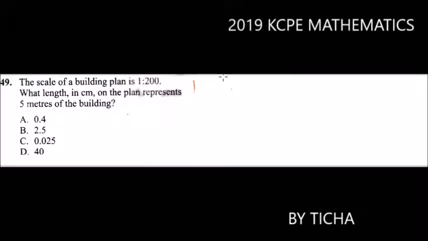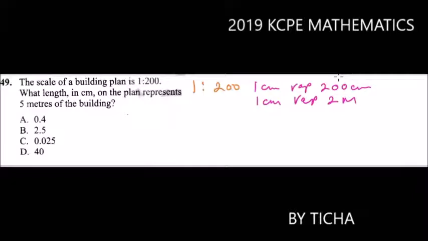When we say 1:200, in terms of scale, it means that 1 centimeter represents 200 centimeters. 100 centimeters is equal to 1 meter, so 1 centimeter represents 2 meters. That is how we interpret the scale.